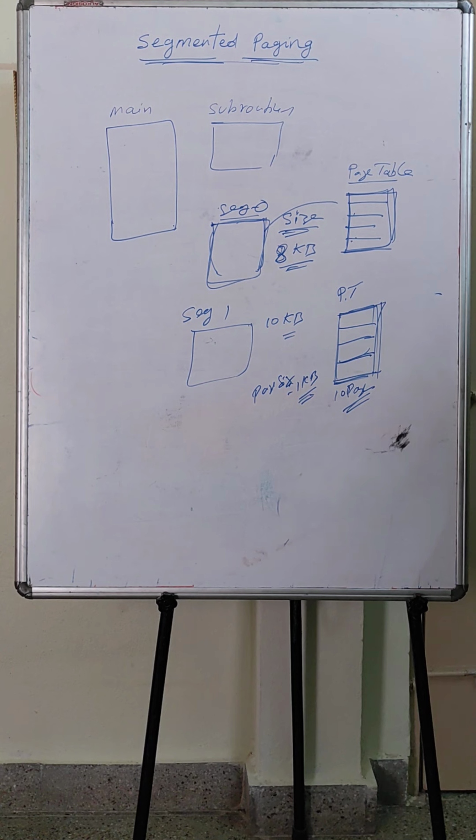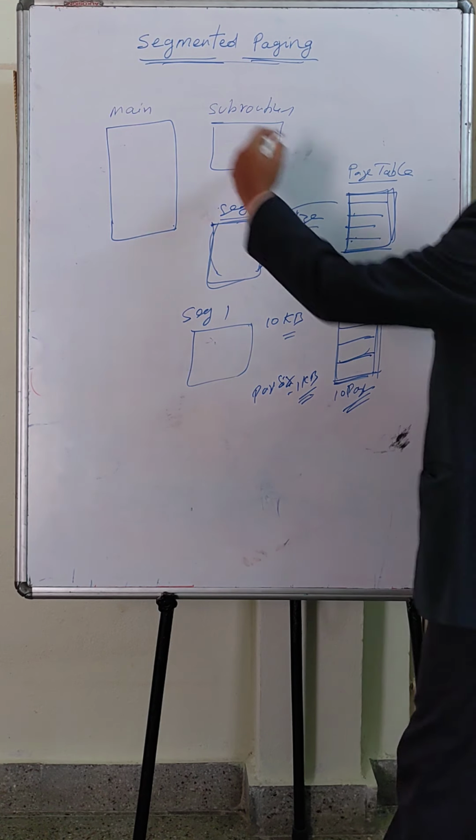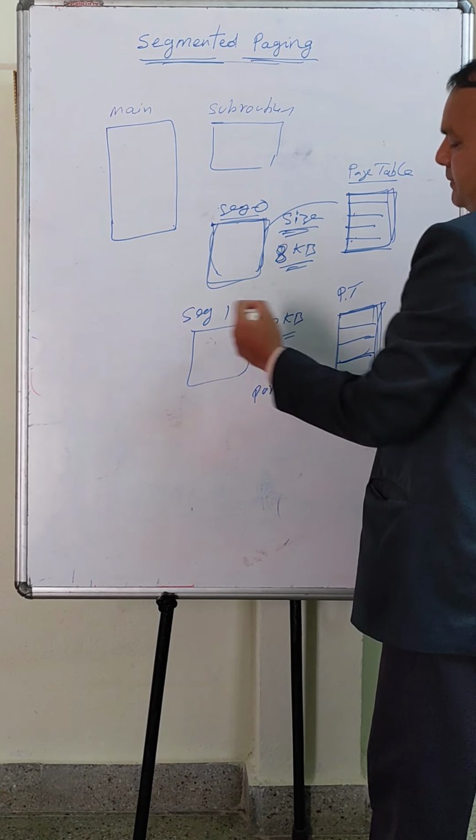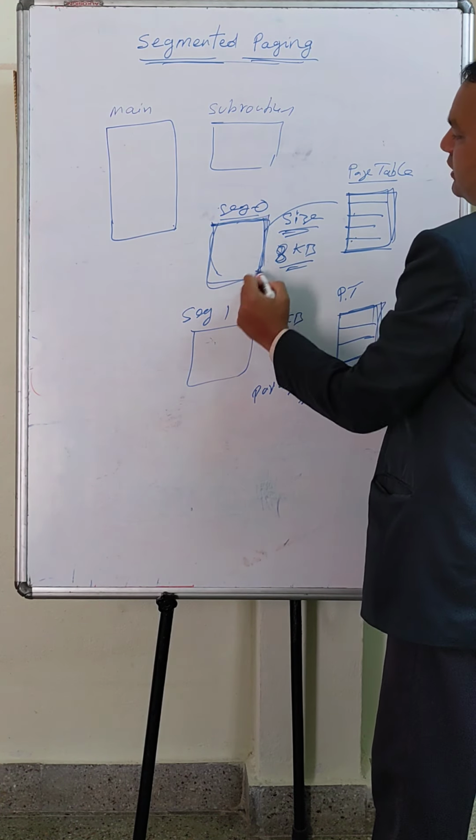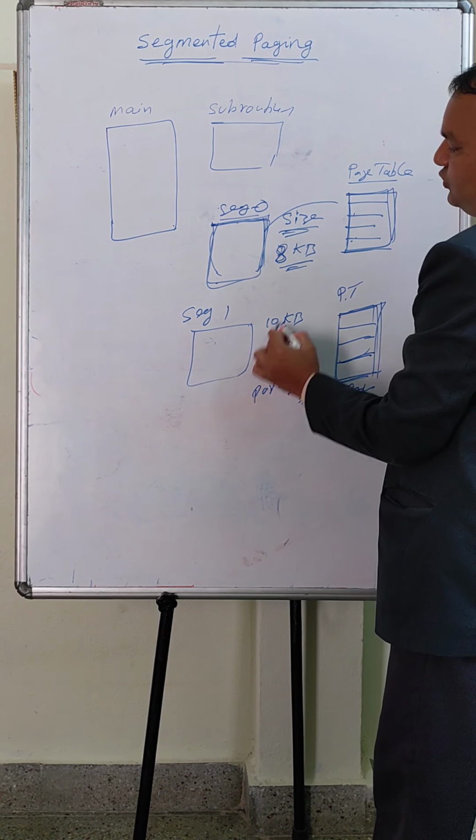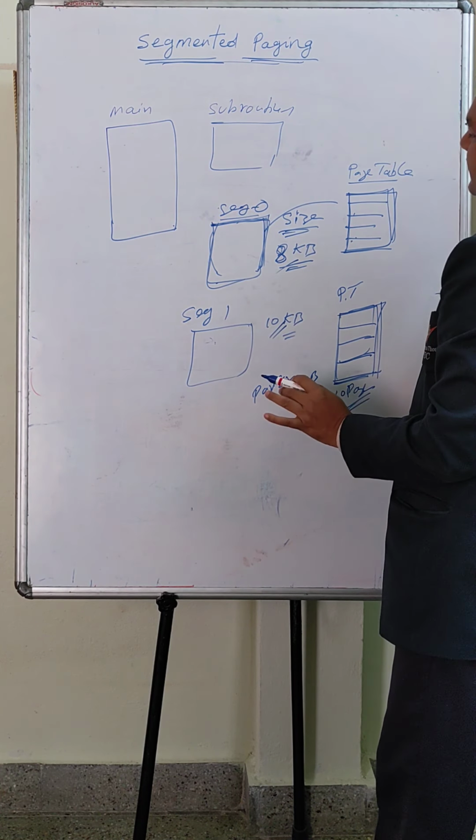Now let us see the architecture of segmented paging. The entire program is divided into segments, and each segment has its own size. Sizes vary, 8 KB or 10 KB like that.